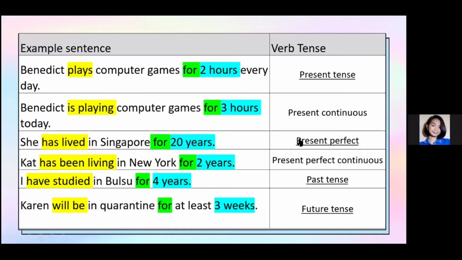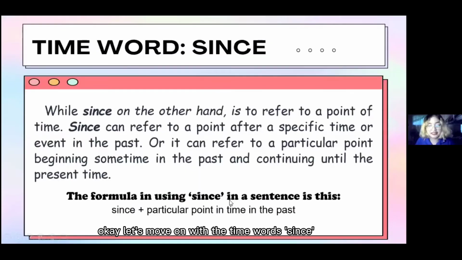Thank you. Okay, let's move on with the time word since. Earlier we talked about for, and now we're going to talk about since. Since, on the other hand, refers to a period of time or a point of time, or it can refer to a particular point from the beginning of something and continuously happening up until today.